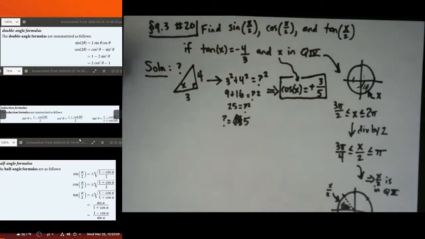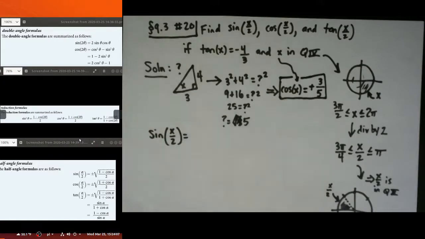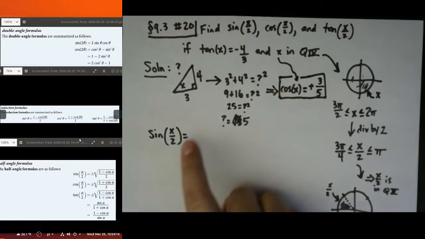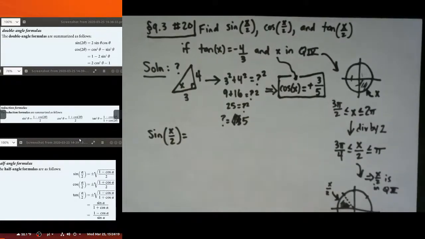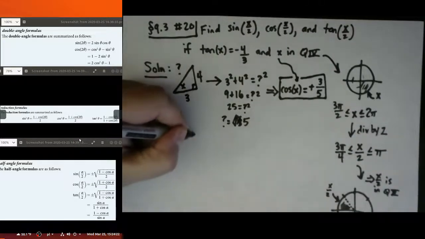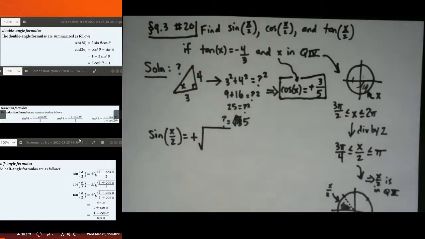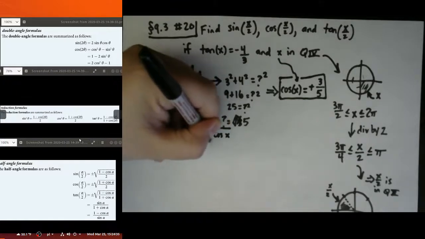So I can now compute sine of x over 2. Now, as we discussed earlier, x over 2 is in quadrant 2. Therefore, the sine of x over 2 is positive, because in quadrant 2, your y values are positive above the x-axis. So we're going to take the positive square root of, and looking at the formula, 1 minus cosine x all over 2.